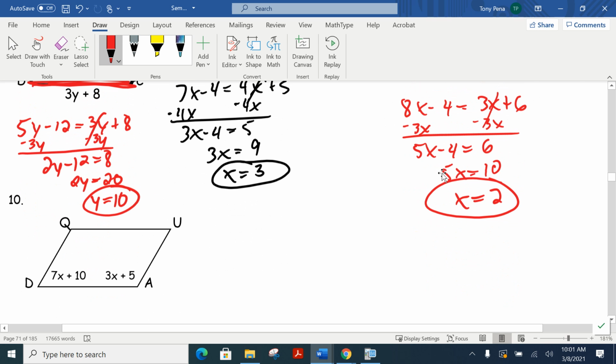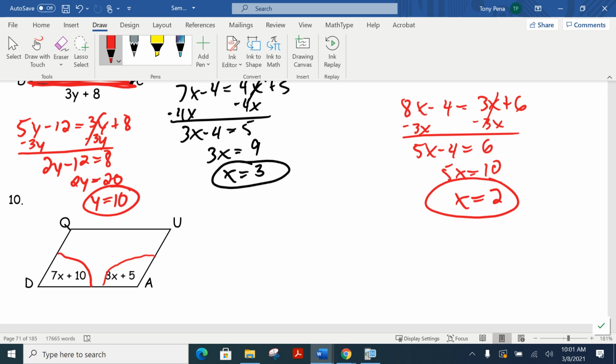Okay, last one. Finish the day off here. Number 10. So look at these two angles. You're just asking yourself, is this angle and this angle a pair of consecutive angles or a pair of opposite angles? Opposite angles are congruent.